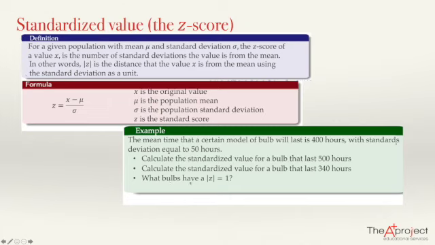What bulbs have an absolute value of z equal 1? So what bulb has a distance to the mean equal to 1? And the other is what bulbs have an absolute value of z less than 1? In other words, what bulbs have a distance to the mean less than 1?